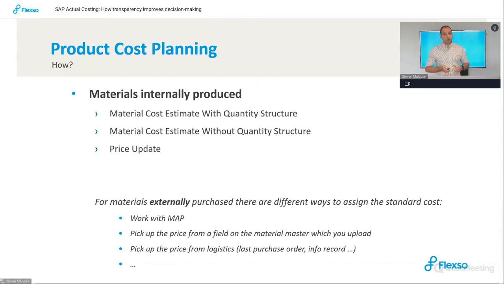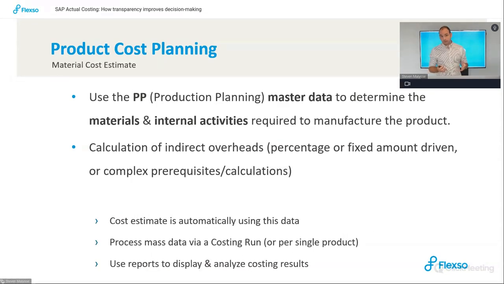And of course, moving average prices can be used. As said before, we are using the production planning master data: the bill of material, the routing, which contains the production steps, and we can also allocate indirect overheads. We can instruct the system to calculate overheads either in a simple way or in a complex way.